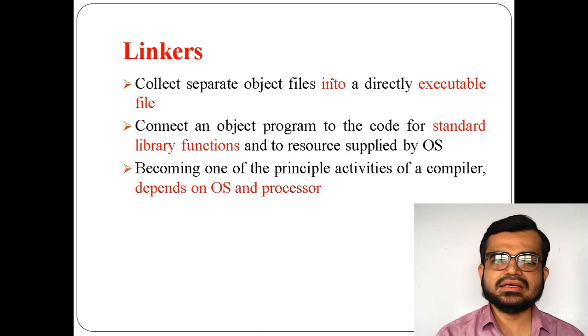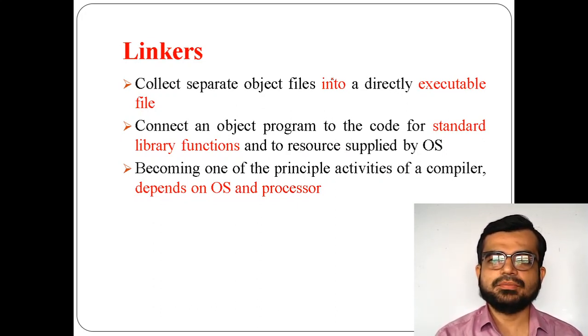Next is the linker. Whenever you have object files, the linker collects all the separate object files and makes them directly executable. See, an object file is a different thing and an executable file is a different thing.